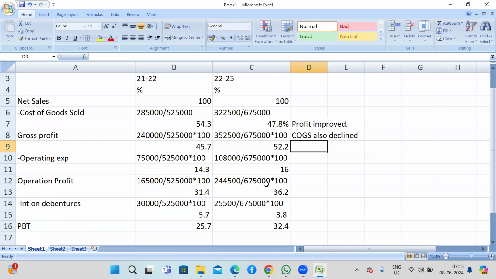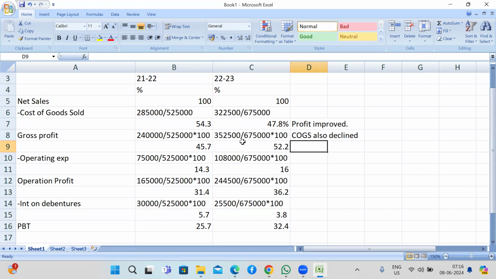But what happened, operating profit is not improved drastically because here your operating expenses got up. Even interest on debentures also contributed for higher PBT. So here, gross profit has increased from 45 to 52.2 percentage, around 7 percentage.